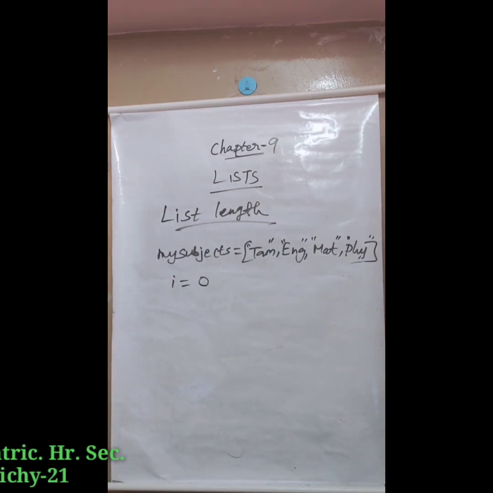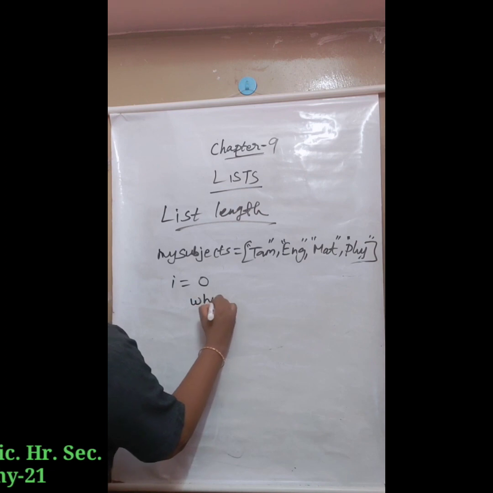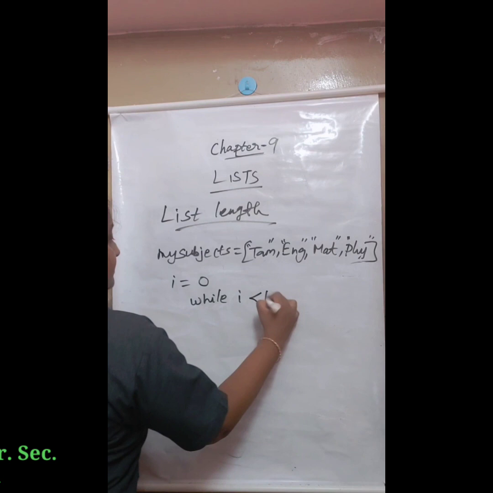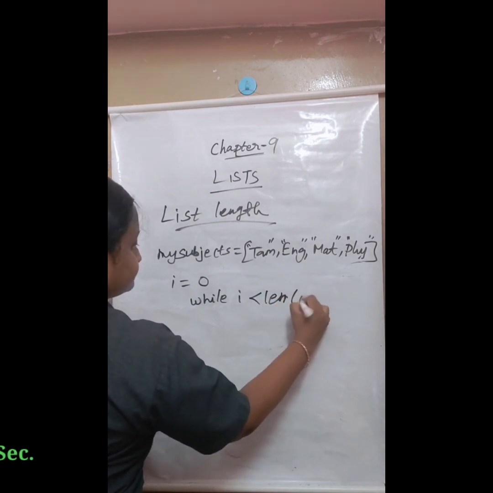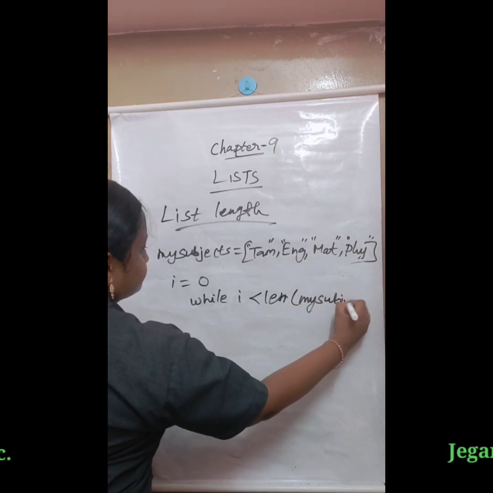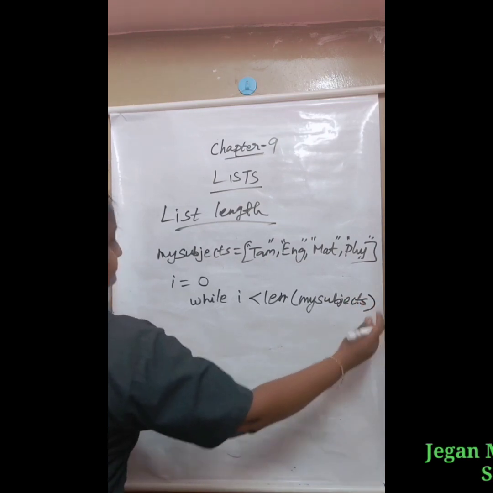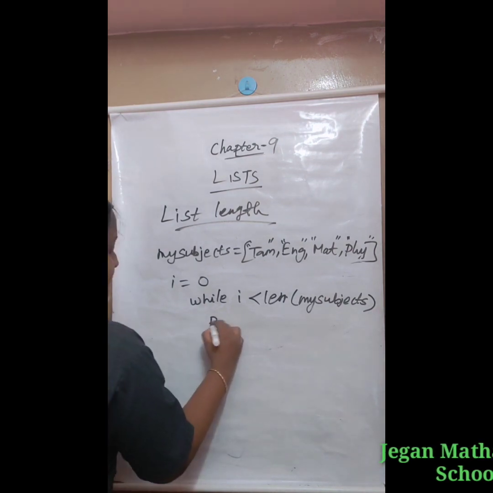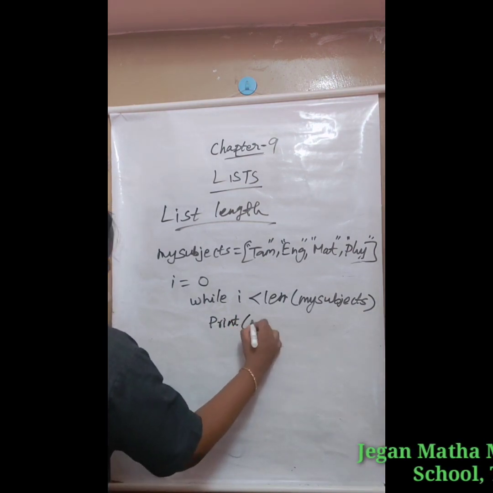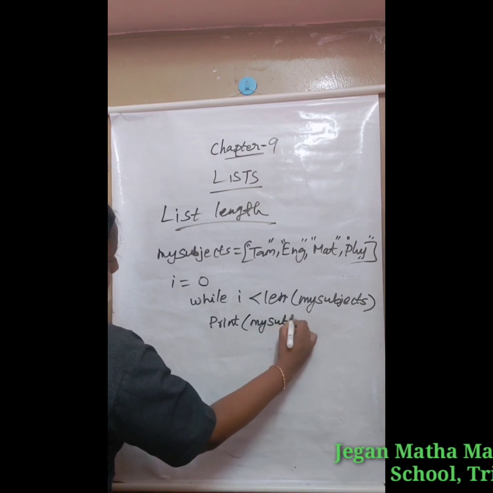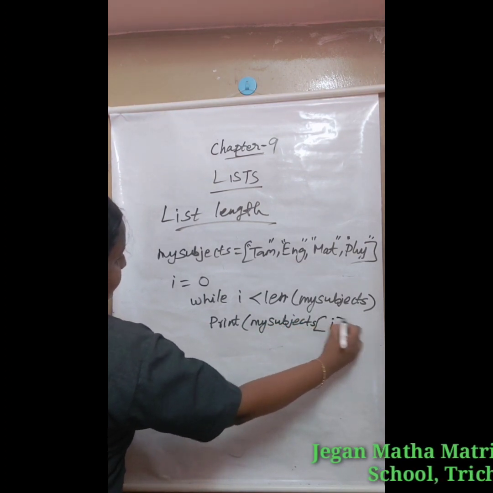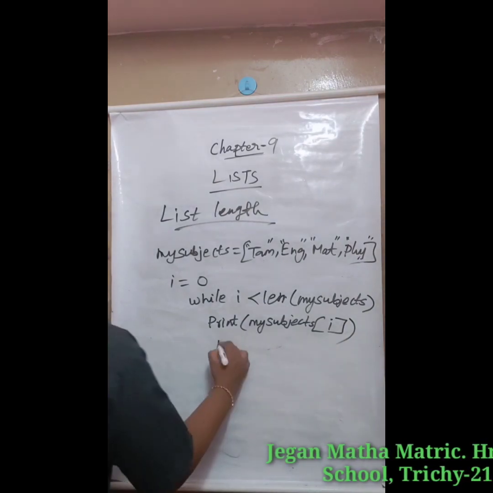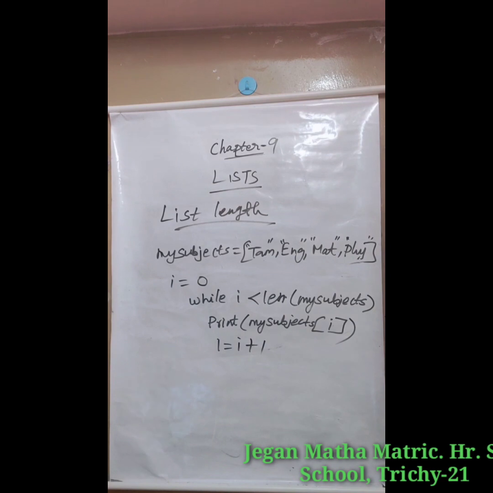We start with 0 and while i is less than length of my subjects, if the condition is true, it prints my subjects of i. And next i is equal to i plus 1.